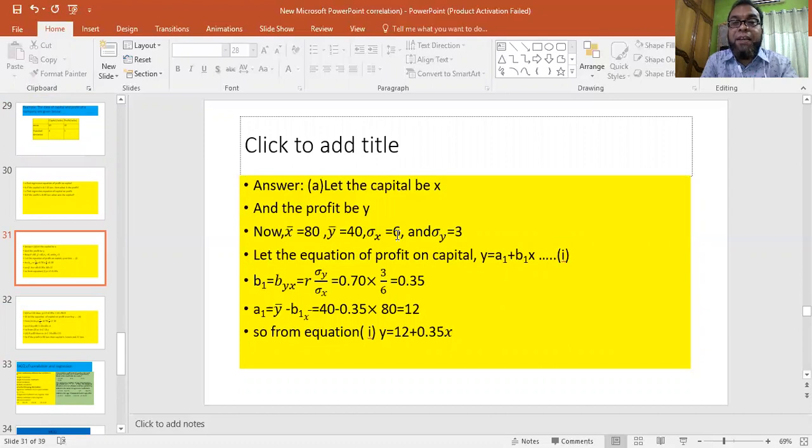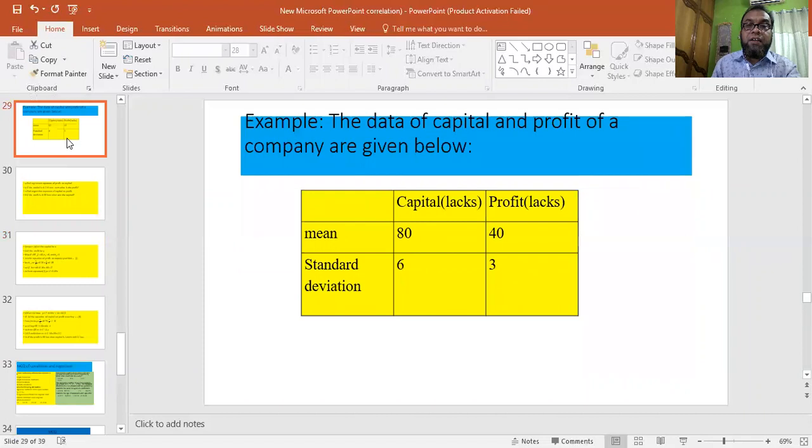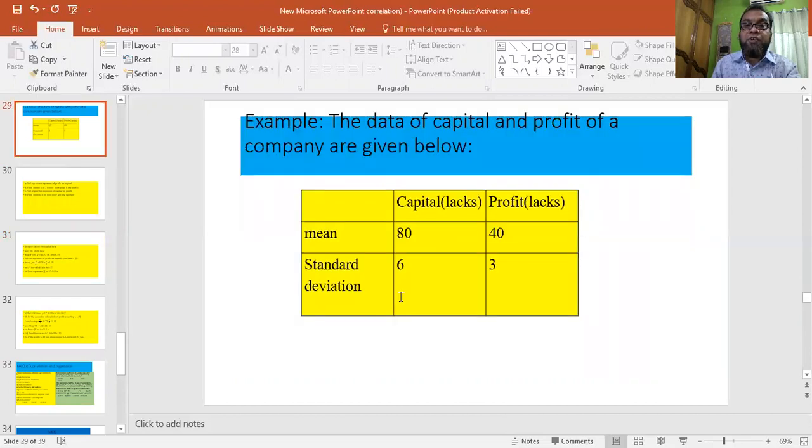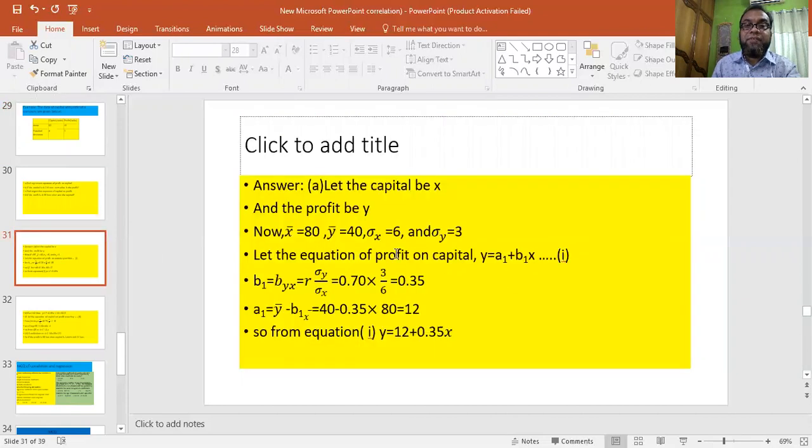The mean of capital, X bar is 80 and Y bar is 40. Then standard deviation of capital, sigma X is 6 and sigma Y is 3.